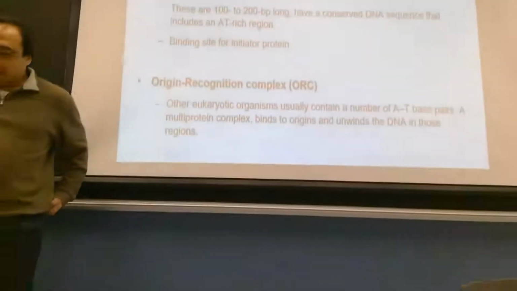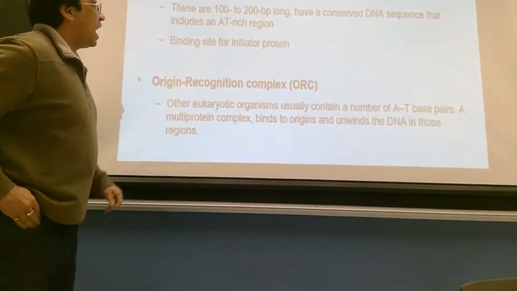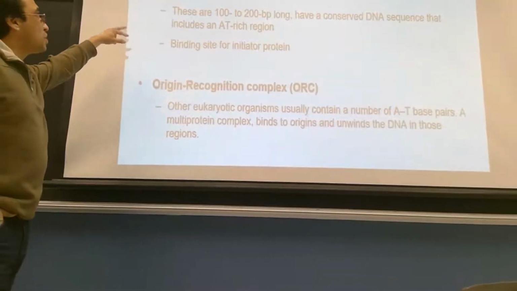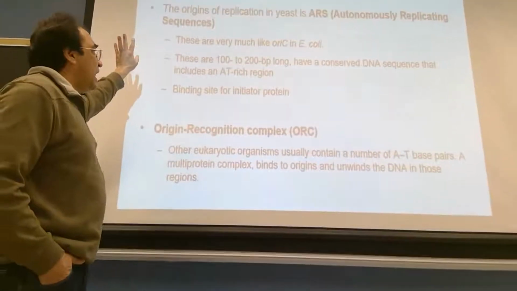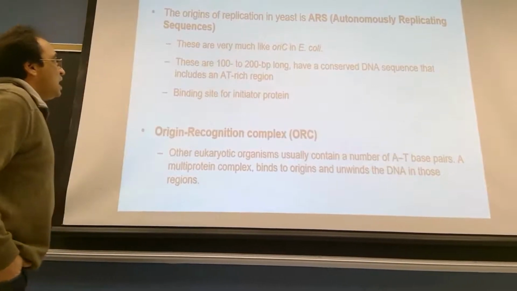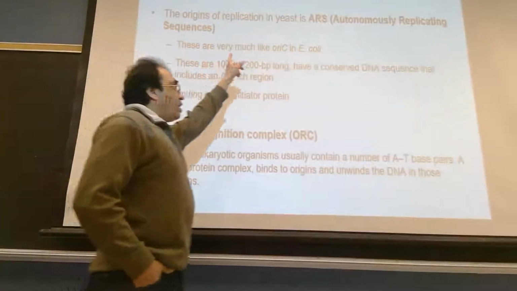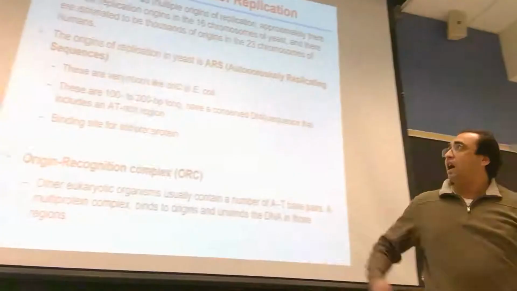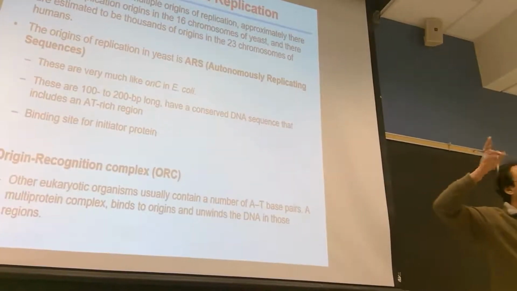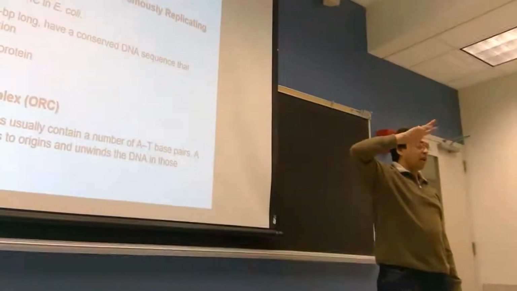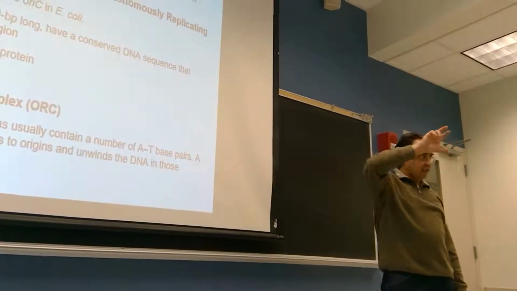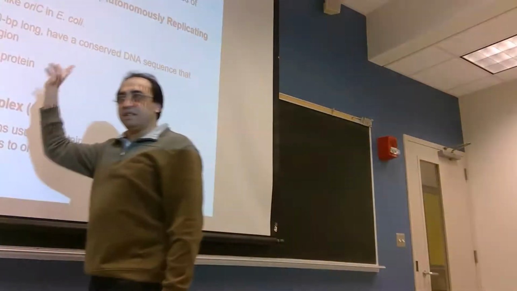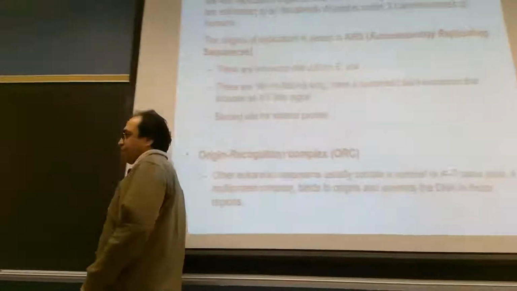Now it has a lot of origins, and generally yeast is a eukaryote, but the yeast chromosome is not linear; it is sometimes circular. So they have ARS, autonomously replicating sequences, just like the ori region in the prokaryote. In the prokaryote, they have the ori region, but in the case of yeast, they have the ARS region. That is the origin.